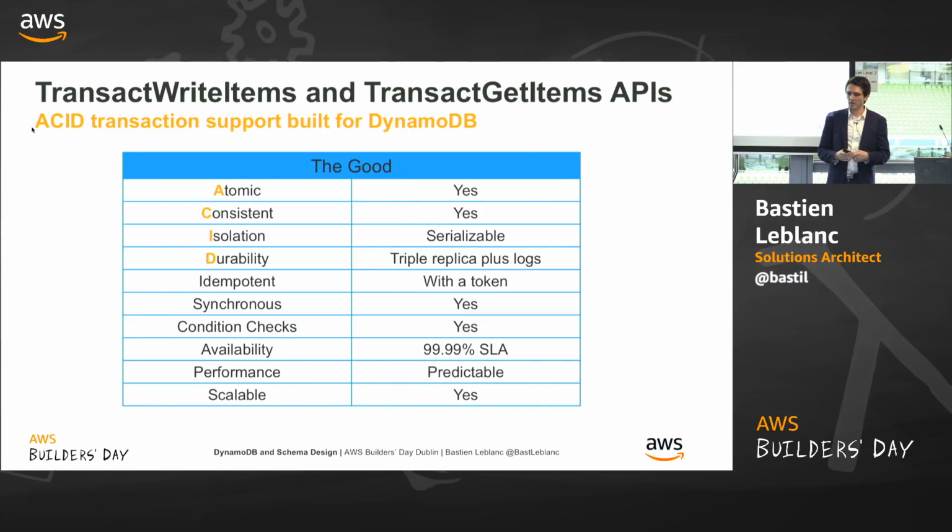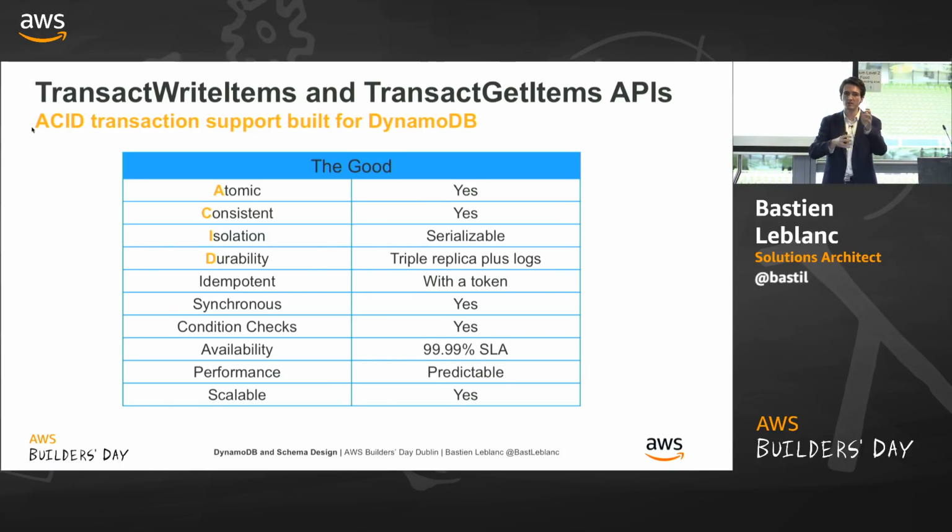So we have just two new APIs called TransactWriteItems and TransactGetItems. They are ACID, meaning atomic, consistent, isolation, and durability. So it's atomic, that means that all the updates are done at once or not.